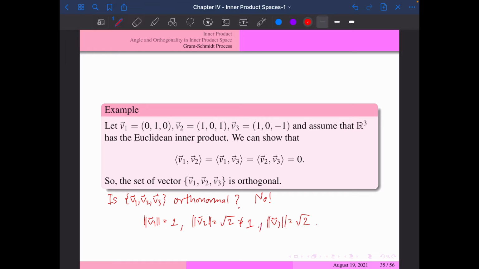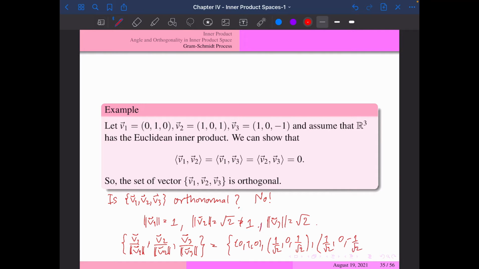So if we divide v1 by the norm of v1, v2 by the norm of v2, and v3 by the norm of v3, we get (0, 1, 0), (1/√2, 0, 1/√2), and the third one is (1/√2, 0, -1/√2).